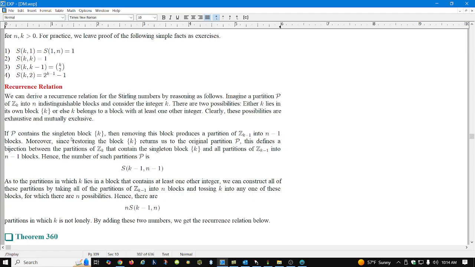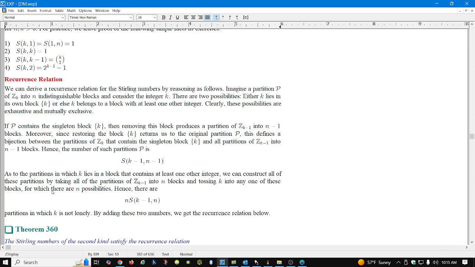So the number of these partitions that have this singleton block k is equal to this Stirling number. As to the partitions in which k lies in a block that contains other integers, we can construct those by taking all of the partitions of Z_{k-1} into n blocks, the full number of blocks, and just tossing k into any one of those blocks.